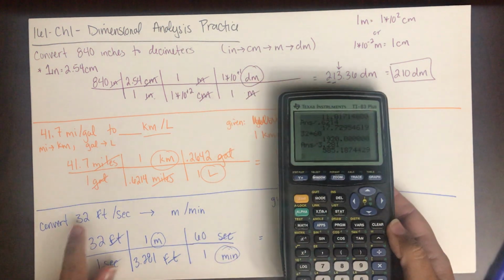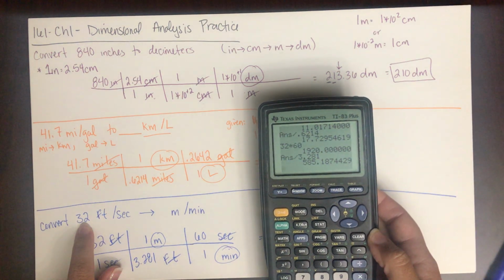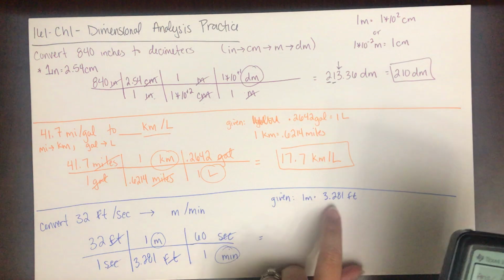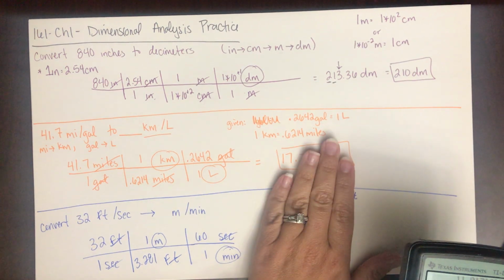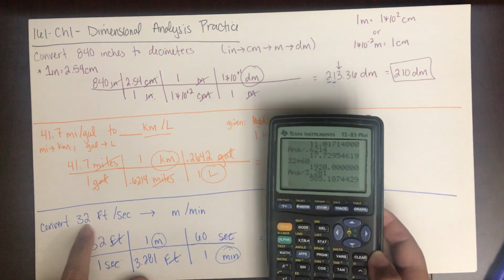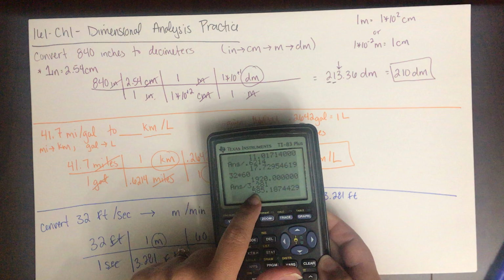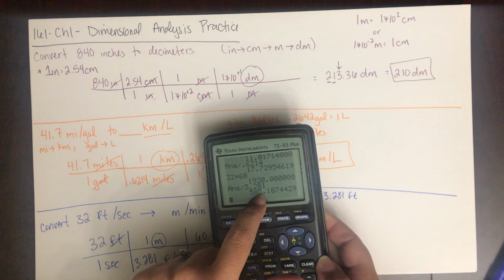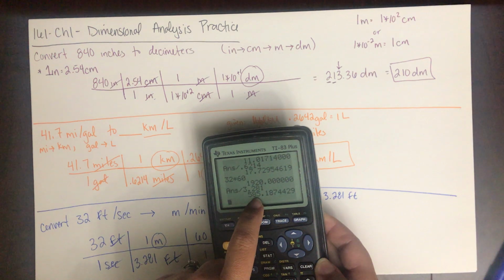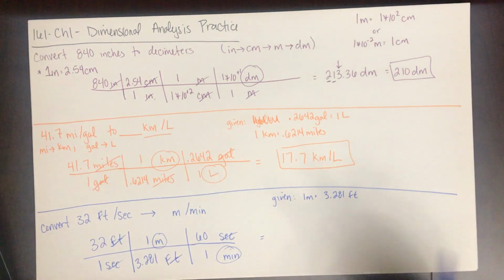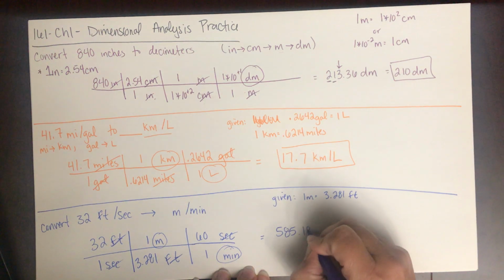And I'm going to think about how many significant figures my answer should have. My answer should have 2 significant figures. Remember, any of these conversion factors that you're given are exact numbers, so they do not contribute to the number of significant figures. My number is 585.187.